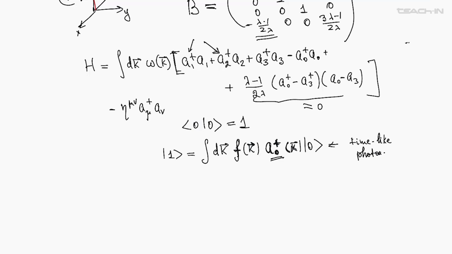That's why I call it time-like, not because of how it moves, it moves with the speed of light, so there is no point about it. The point is I call it time-like because this component here is the 0 component corresponding to time. And that's the only reason I call it time-like. Like A3, I call longitudinal.